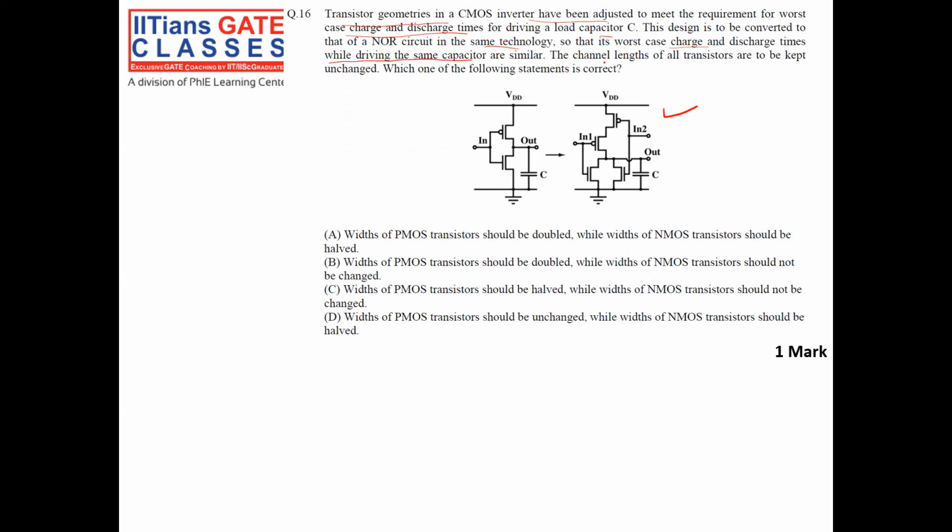The channel length of all the transistors is kept unchanged. We have to find what should be the width of PMOS and NMOS in comparison to my inverter. So let us answer the question.